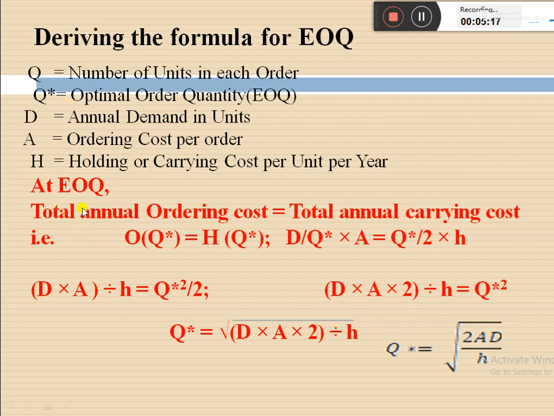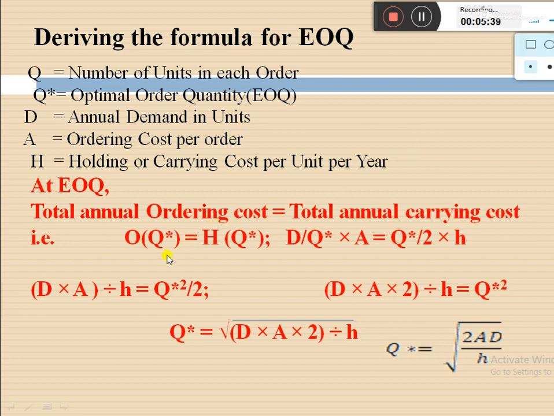In this way, by using these notations, we can calculate the formula of economic order quantity. At economic order quantity, the total annual ordering cost is equal to the total annual carrying cost.